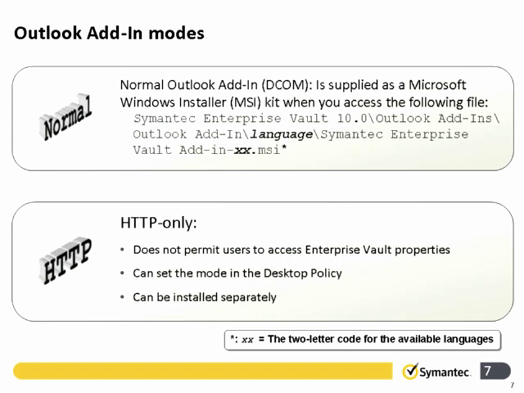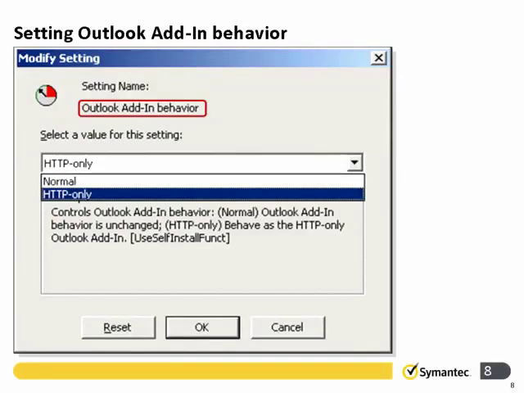And you do have the option for Outlook 2007 and earlier to use a separate installer package that will only install the HTTP only version. Here is the property in the desktop policy that allows you to set the mode associated with the Outlook client. And you can see that we have both normal and HTTP only as our options here.